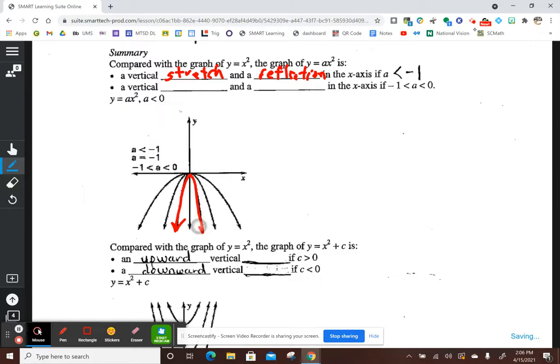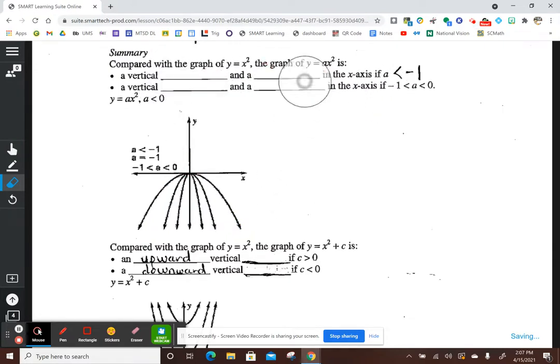So it's still narrower, but it's facing upside down. And if it's a shrink with reflection, it looks like this. It's wider, but it's upside down. And what makes it upside down? A is negative.